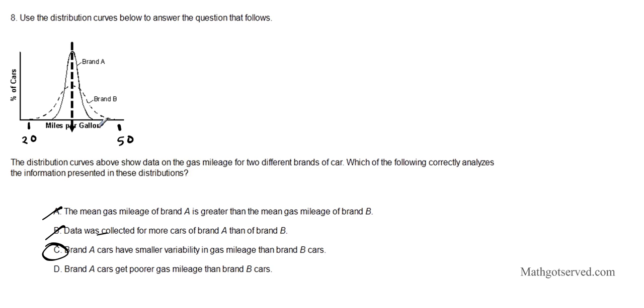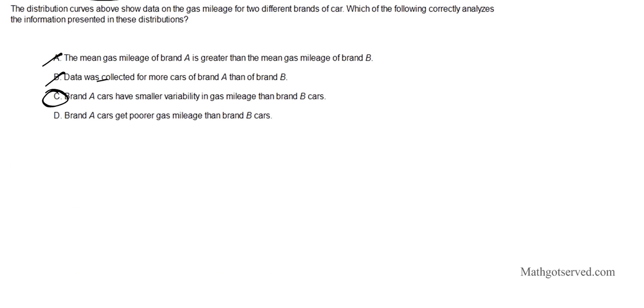What do you think brand A is going to be? It's going to be like from 30 to 40. So it has a smaller variation or deviation from the mean as compared to brand B. This out here is brand B, which is a wider variation compared to brand A. All right, so the answer is option B.